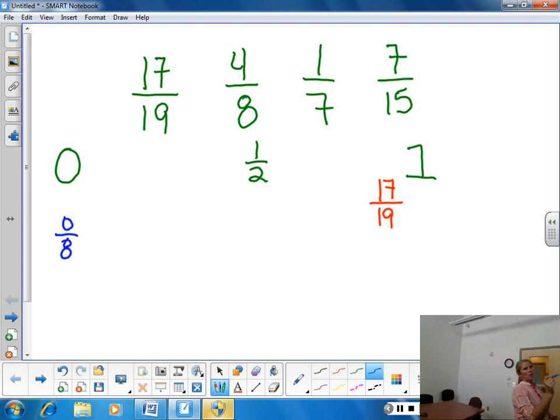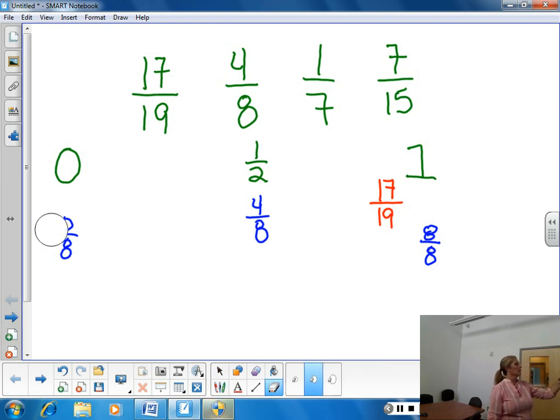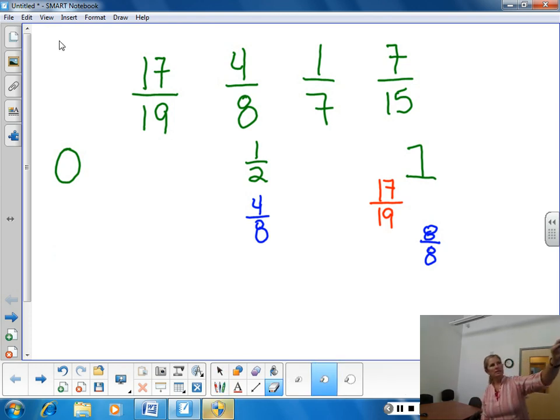To get 1, you'd have 8/8. What is half of 8? It's 4. So 4/8 is exactly 1/2. So 4/8 goes right there. So now I can see that 17/19 is bigger than 4/8, just because if I put them in order that way, that's what they look like.